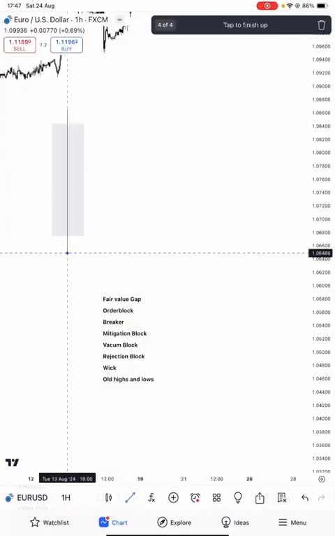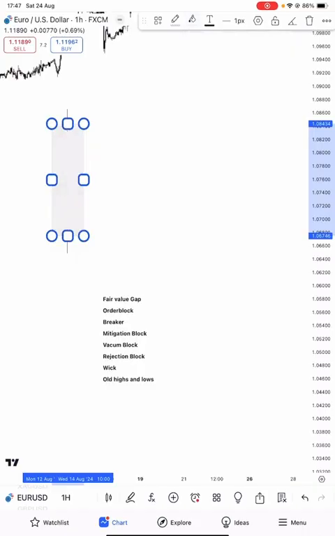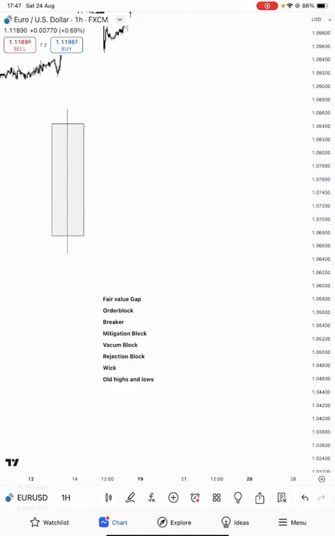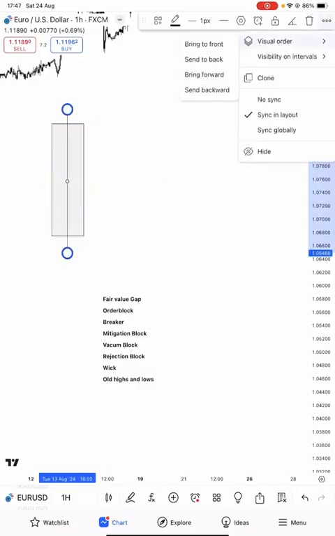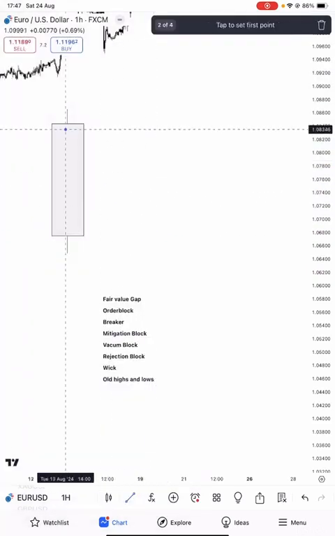Now, the sensitive point of a thick order block, let's do it well, so up close, candle.